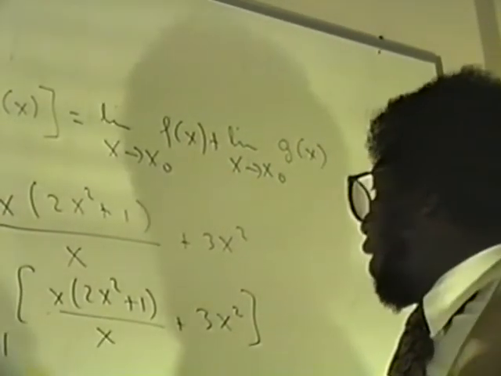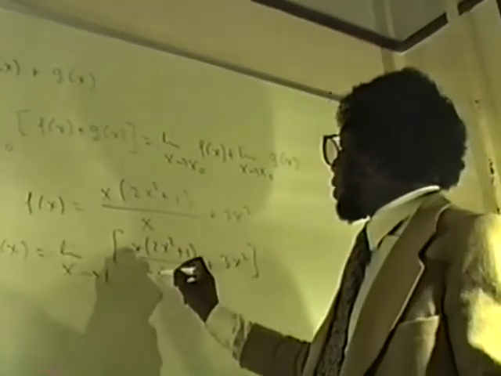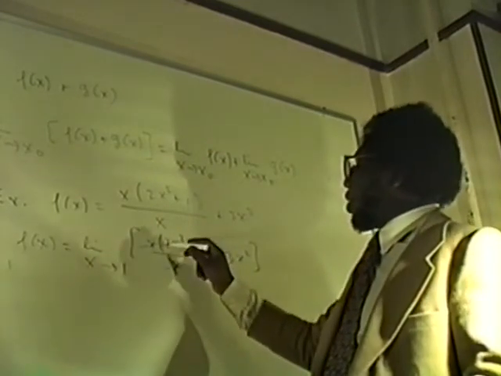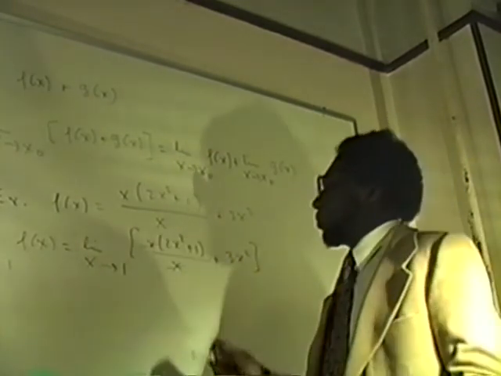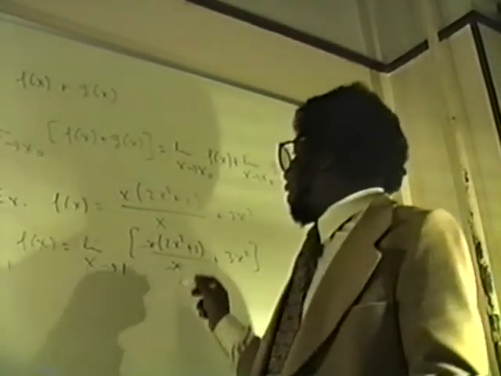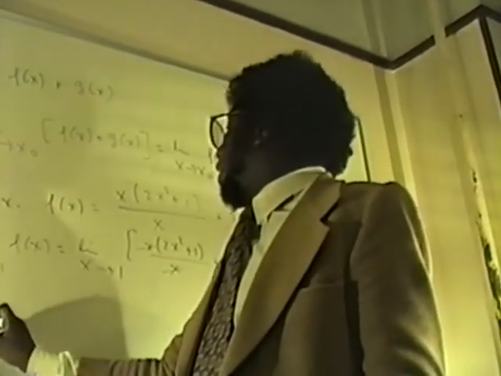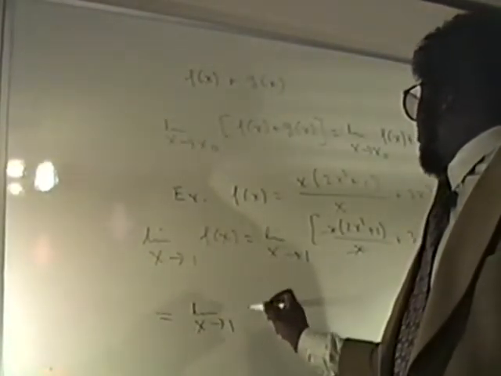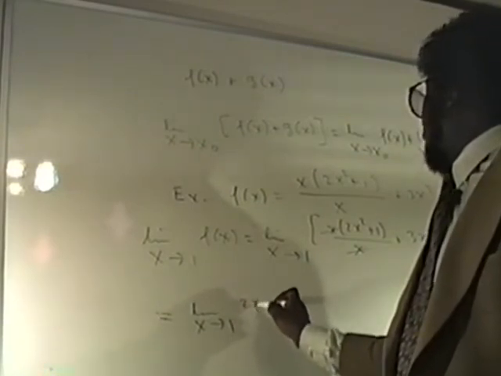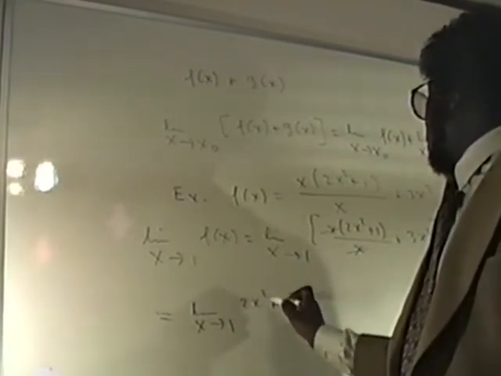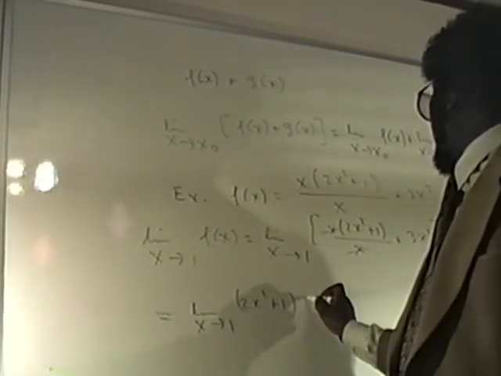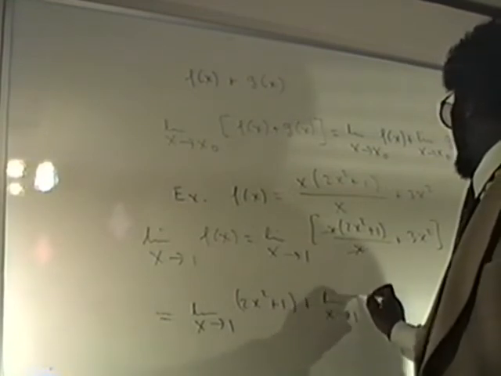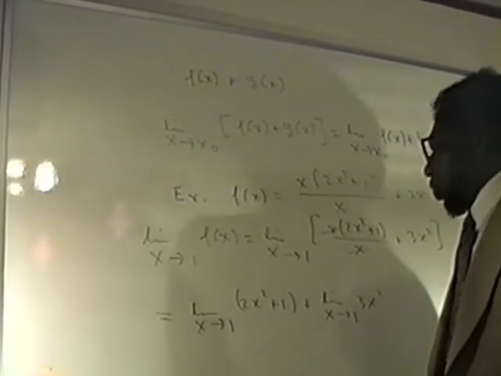As we can see, before we make any move, we could cancel out these two x's, one in the denominator and the other one in the numerator. If we cancel out these two x's, we will have the limit as x approaches 1 of 2x squared plus 1 plus the limit as x approaches 1 of 3x squared.